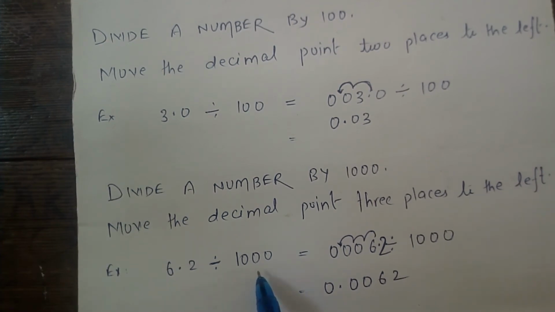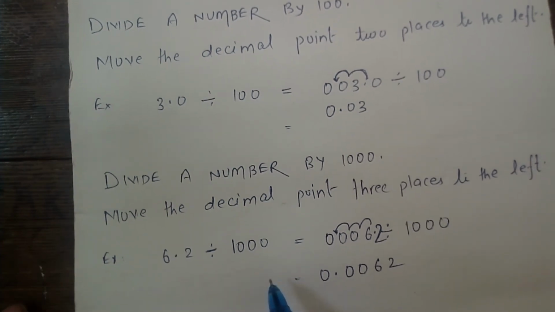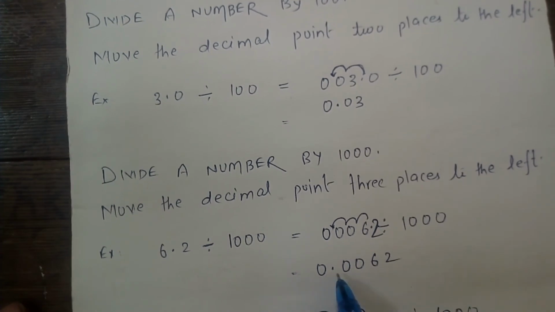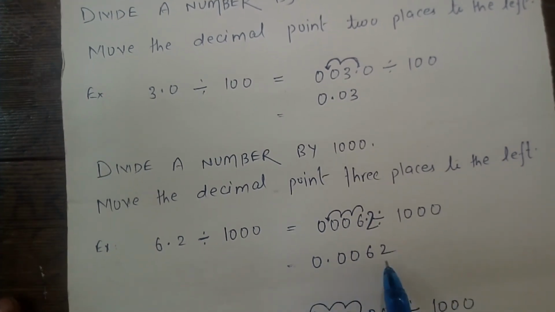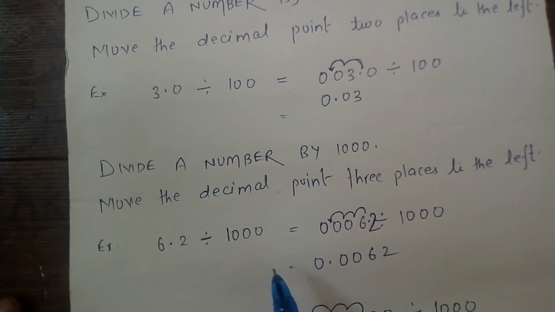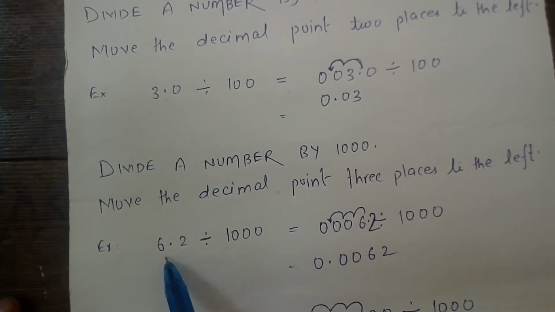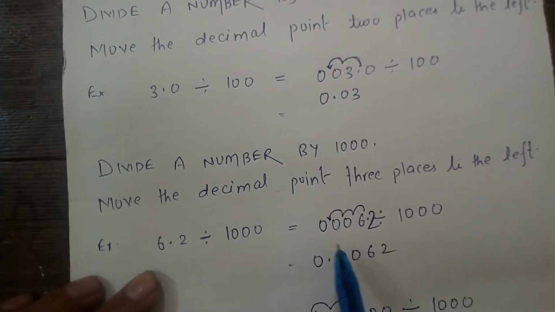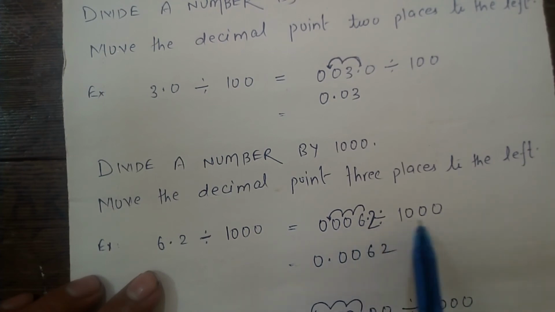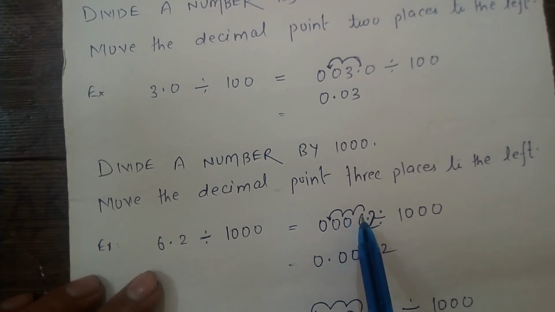6.2 divided by 1000 will give you 0.0062. For 6.2 we can write 0006.2, divided by 1000. So what will we do?